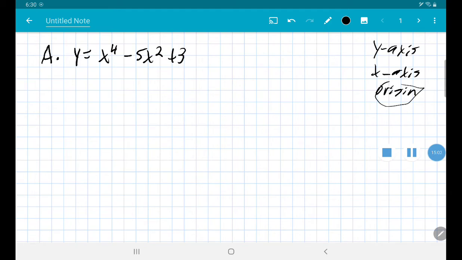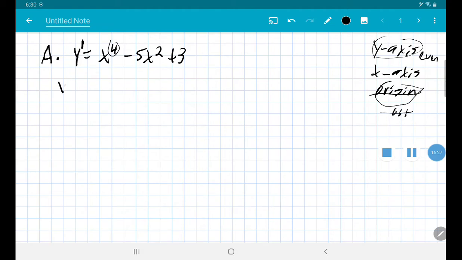And remember, origin is an odd function. Y-axis is an even function. While the y does have an odd power, not everything does, so I'm pretty sure it's not origin symmetric, or not an odd function. But let's check out the y-axis symmetry.